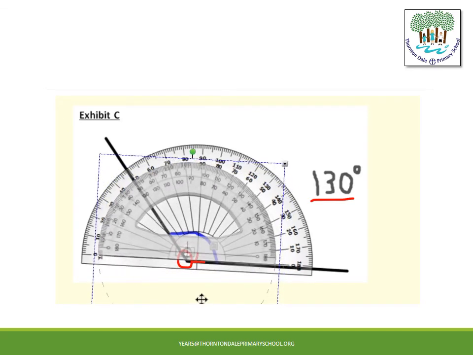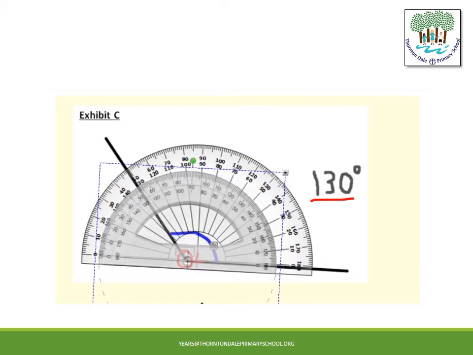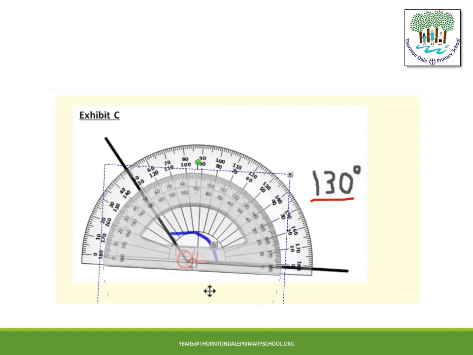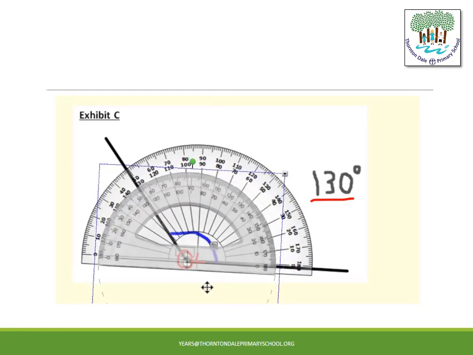If I get it lined up properly with the crosshair lined up, 0 line lined up, so actually you can see it comes out at 126 or 127 degrees. So it wasn't far off, but it wasn't accurate enough. It's really important that you get your protractor crosshair lined up when we are using protractors.